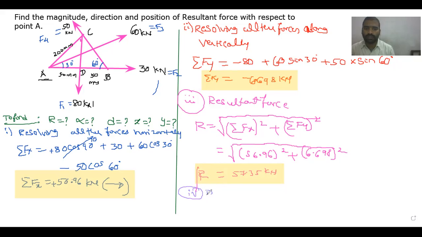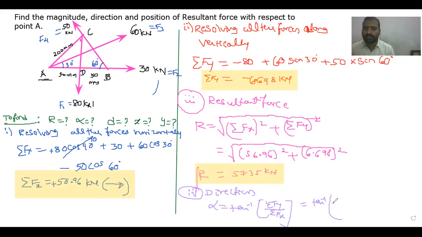Next you have to find the direction. So how to find the direction? Direction alpha is equal to tan inverse of sigma fy upon sigma fx. Take only the magnitude.